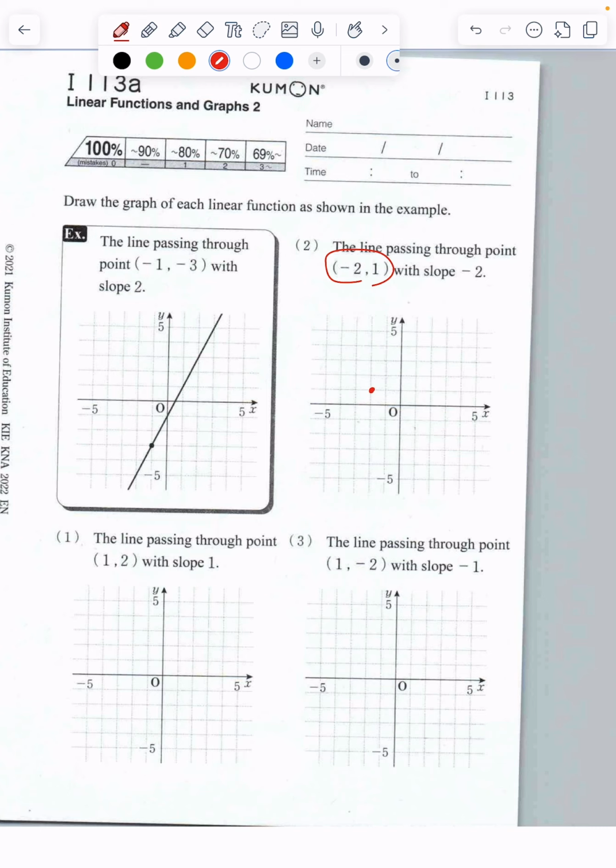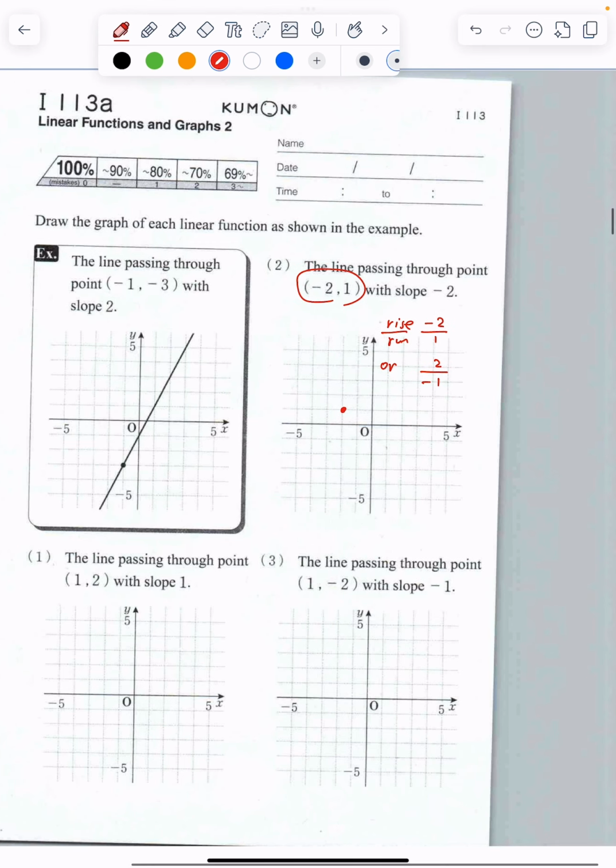And then with slope negative 2, that's my rise over run, or 2, negative 1, whichever works best for you. So if I'm going to use the negative 2 over 1, rise negative 2, which means going down twice, 1, 2, and going to the right side once, 1, that's my new dot.